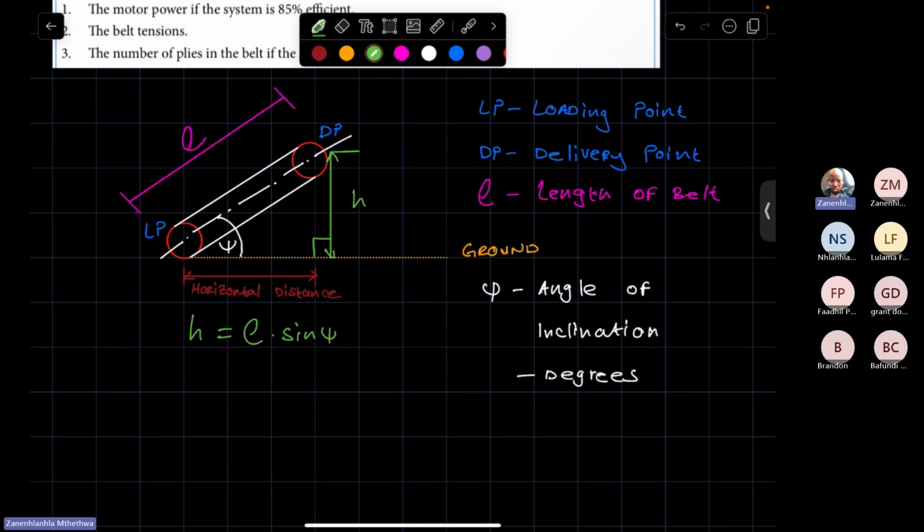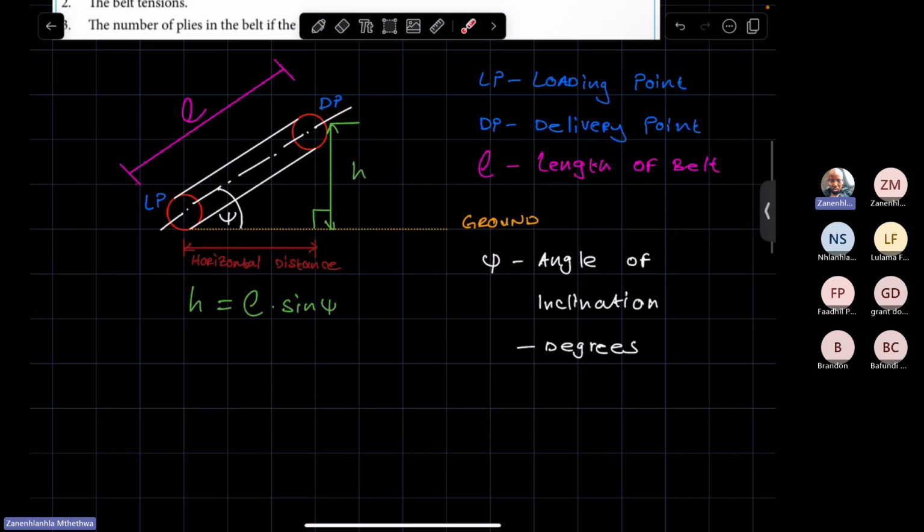Now if you've been given the horizontal distance as well as the angle of inclination, again you look at the sides you have and the side you're looking for in conjunction with the angle. The side we're looking for is H, opposite the angle, and the side we would have is the horizontal distance, adjacent to the angle. So to get H, we would then use tan.